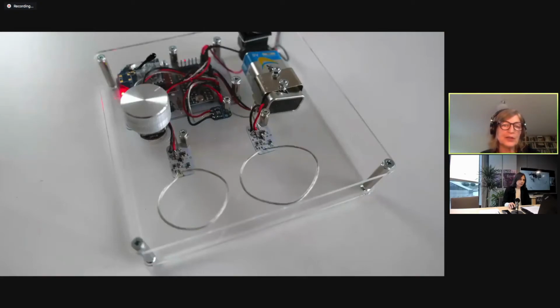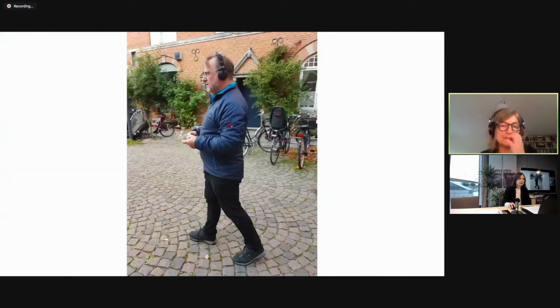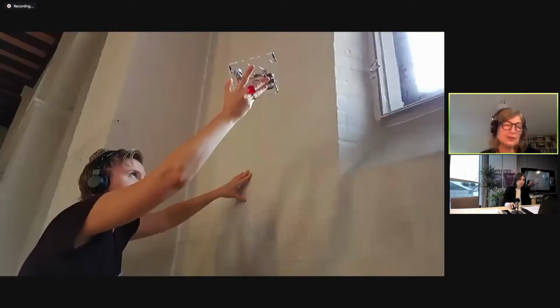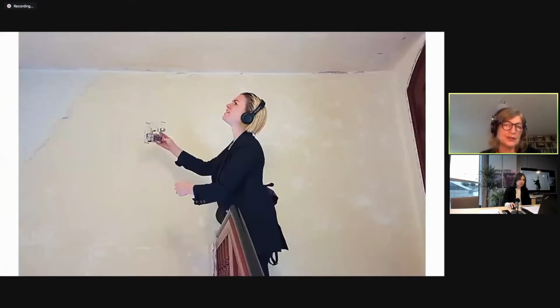So here are the wireless sensors. And I'm using this pattern recognition concept to work with the sound.